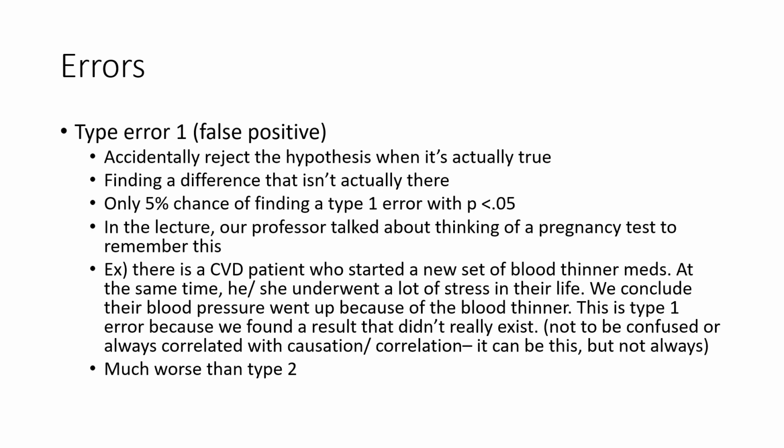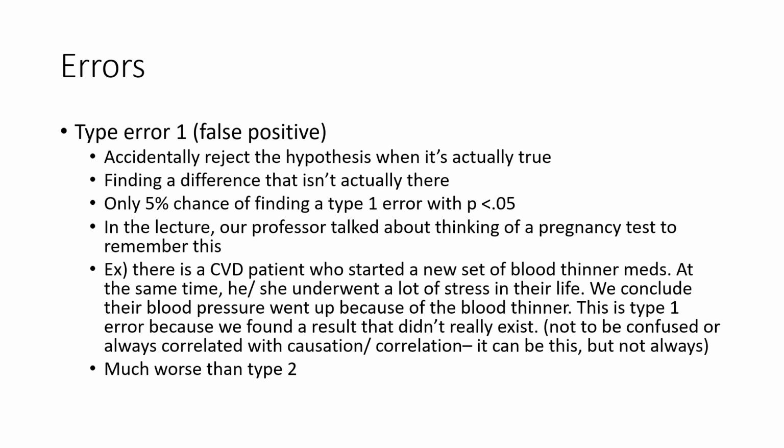So it's when you accidentally reject the hypothesis when it is actually true. You're finding a difference that isn't actually there. There's only a 5% chance of a type 1 error with a p-value of 0.05, and a 7% chance with a p-value of 0.07, and so on.